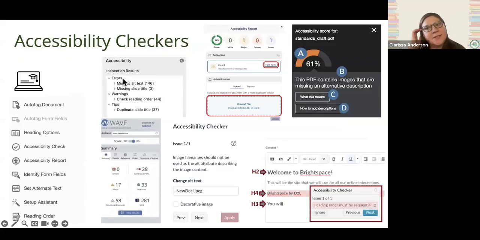When we're talking about courses, this is going to be a bit institution specific, but in general, there are accessibility checkers that you could use, as a starting point, to figure out how accessible is my course? How accessible are the files we're using?